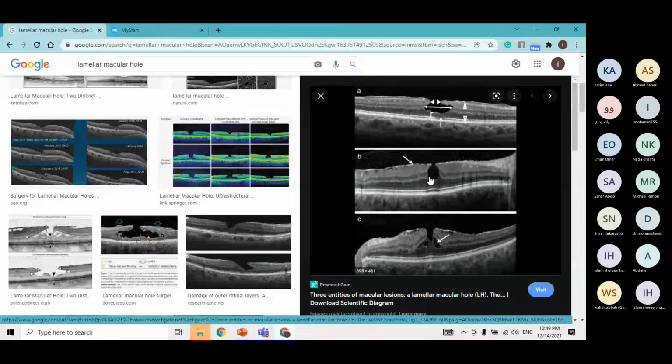So the fovea is normal, but the retina is pulled towards this direction and towards that direction. And you find that this area equal to the normal thickness of a normal retina. So there is no loss of tissues here. And this is why it's called a pseudo hole, because it's not a true hole, but actually the tissues of the retina are pulled this way and that way, which gives this false appearance of a retinal hole. Is that clear for you?